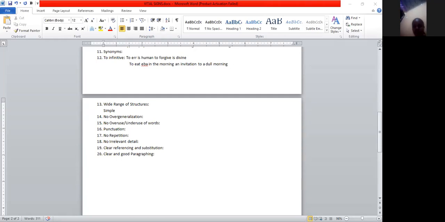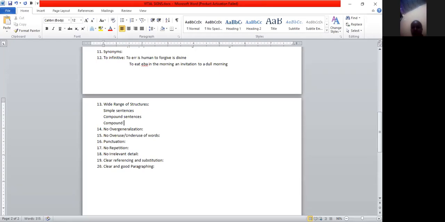You should be able to use compound sentences. You should be able to use compound complex sentences. And you should be able to use complex sentences.